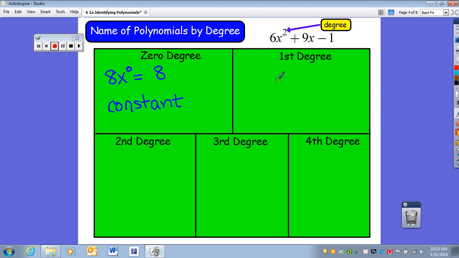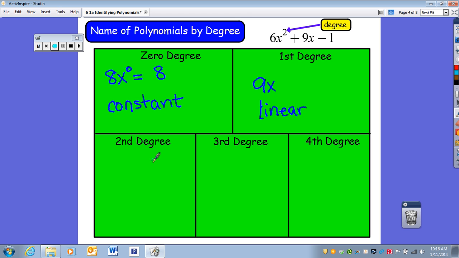When a polynomial is to the first degree, that means it has an exponent of 1. Here's an example above, which is 9x. So that is to the first power. The name of that polynomial will be linear, and that's what we spent our first couple units on. Y equals mx plus b, it is to the first power.